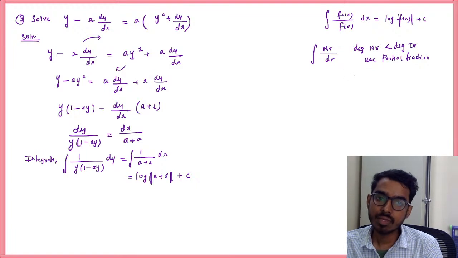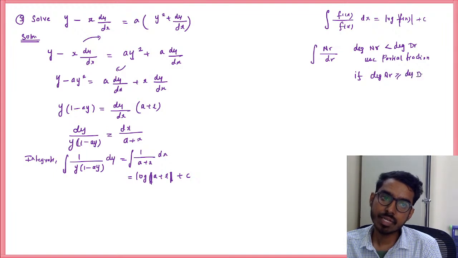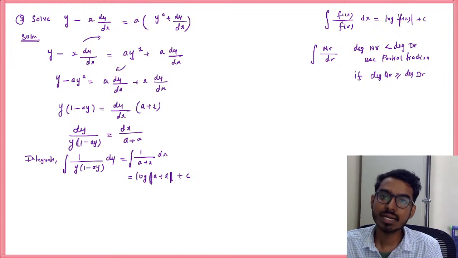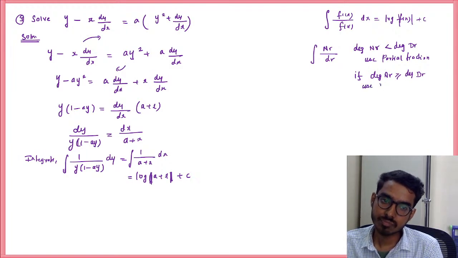If the degree of numerator is greater than or equal to the degree of denominator, that is a very, very important note. This you can learn only from practice, but I'm giving it to you straight away. If the degree of numerator is greater than or equal to the degree of denominator, use division algorithm.